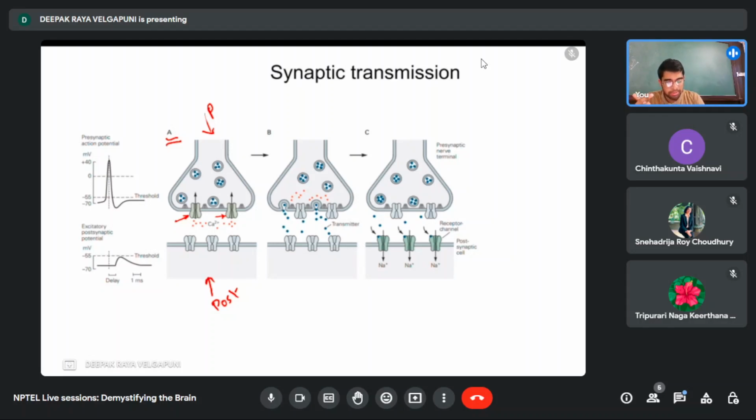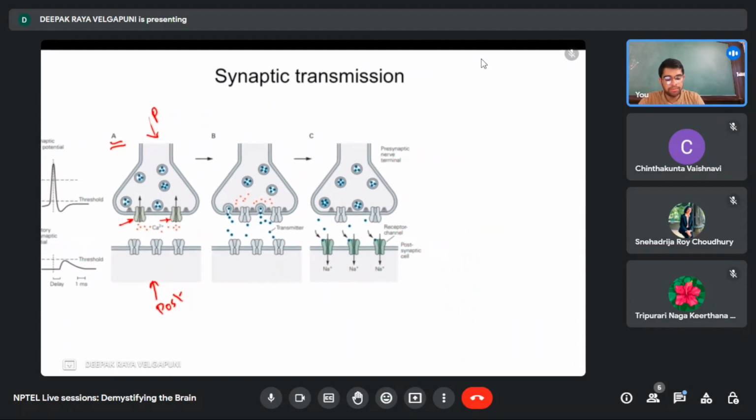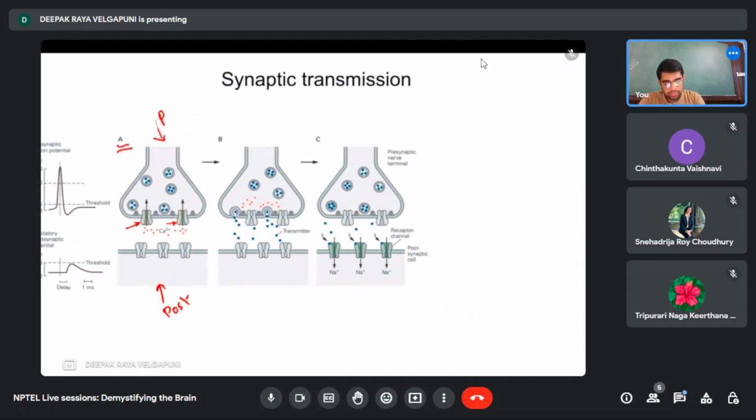And these calcium ions get inside, and this creates a cascade of events at the end of the neuron, such that synaptic vesicles, where the neurotransmitters are stored, combine with the membrane and release the neurotransmitters, as you see here. And these are ligand gated channels where, once these ions come and bind, the sodium channels open, and then this creates some postsynaptic potential.